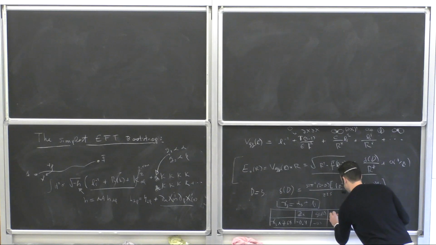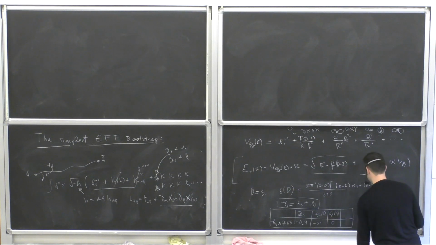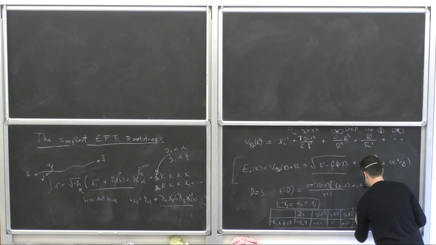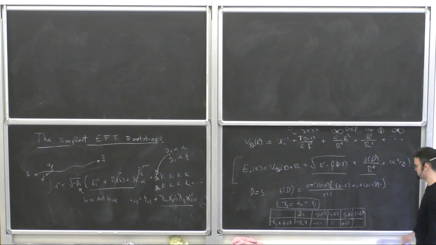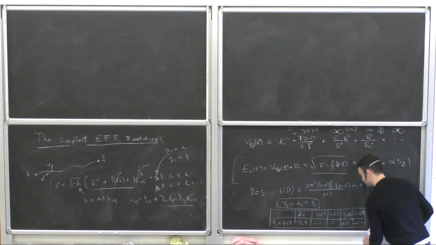For SU3, the measurements were not done with such great precision, but it's compatible with 0. And then for SU6, it has also been measured, it's 0.2. And for SU infinity, you can do an extrapolation with some power-like ansatz, and you get 0.3, okay?